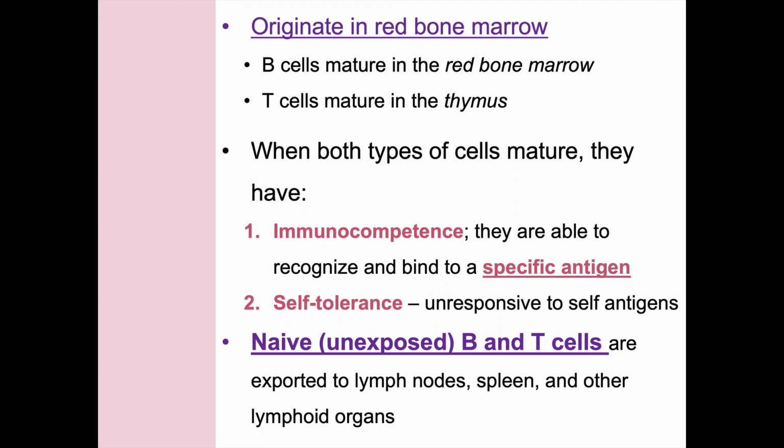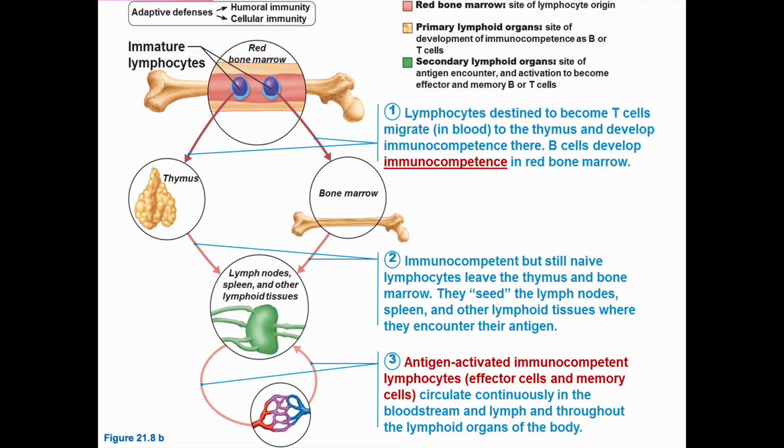When both B cells and T cells mature, they have immunocompetency and self-tolerance. The naive, unexposed cells are called B cells, and the T cells are exported to the lymph node, spleen and other lymphatic organs.